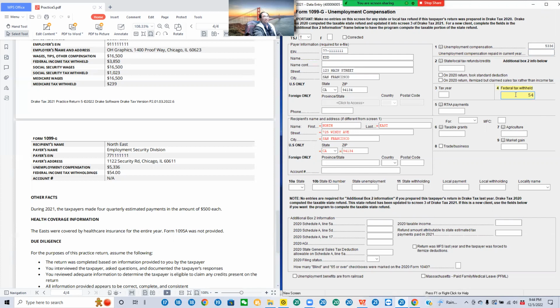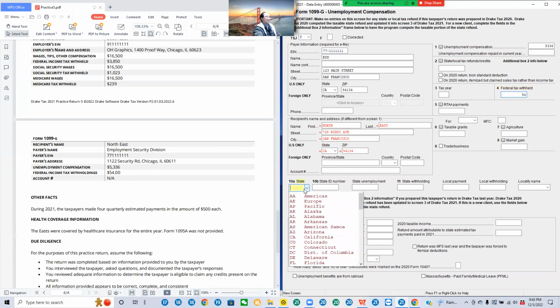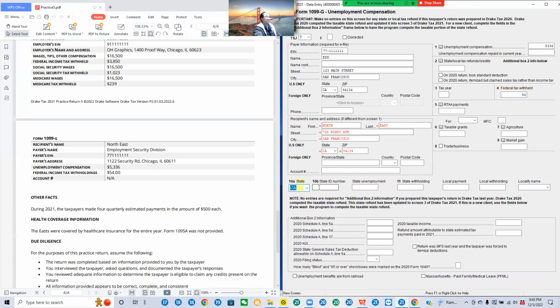Withholding in box 4, like that. So in here, you need to put state of California number. If they're the same, you don't need to input. You don't have to input this. If there's any withholding, you put in. In this situation, does not.